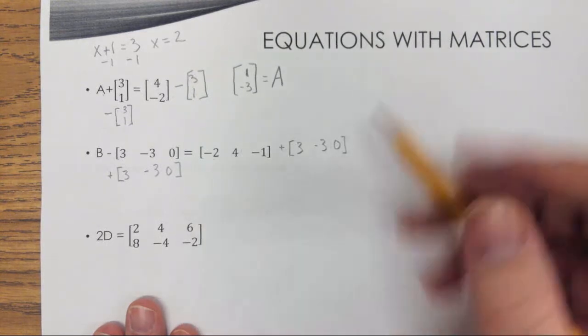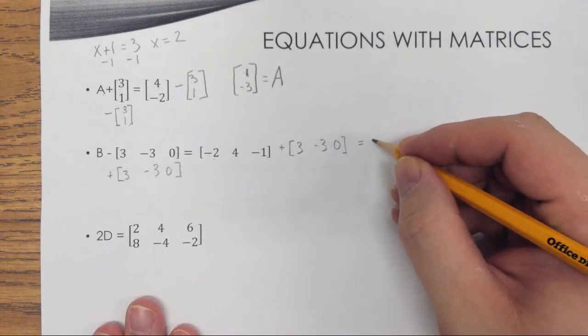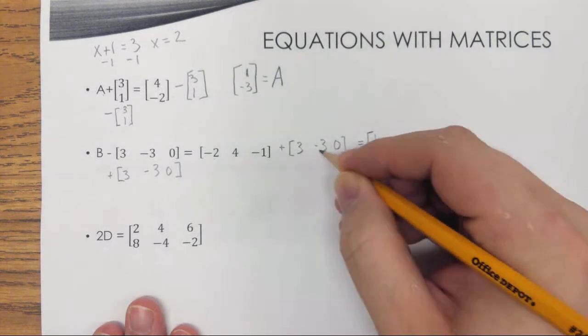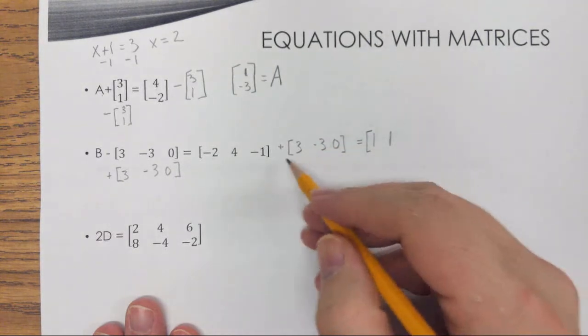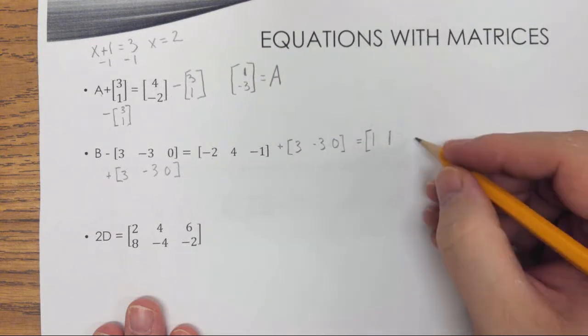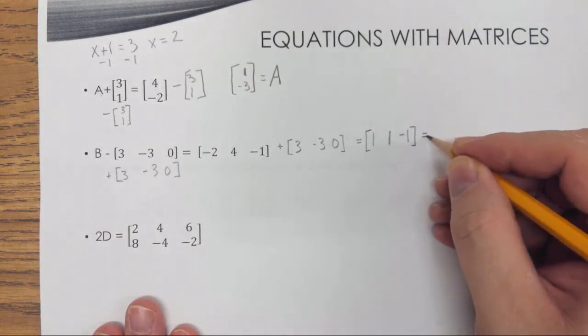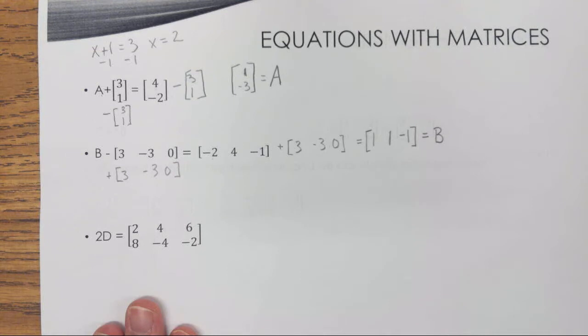Negative 2 plus 3 is going to be 1. 4 plus negative 3 is going to be 1. Negative 1 plus 0 is negative 1. And that's what is equal to B. Okay.